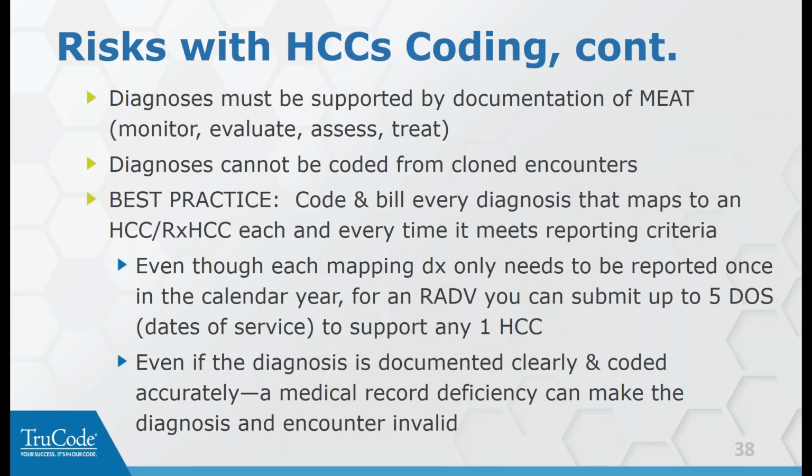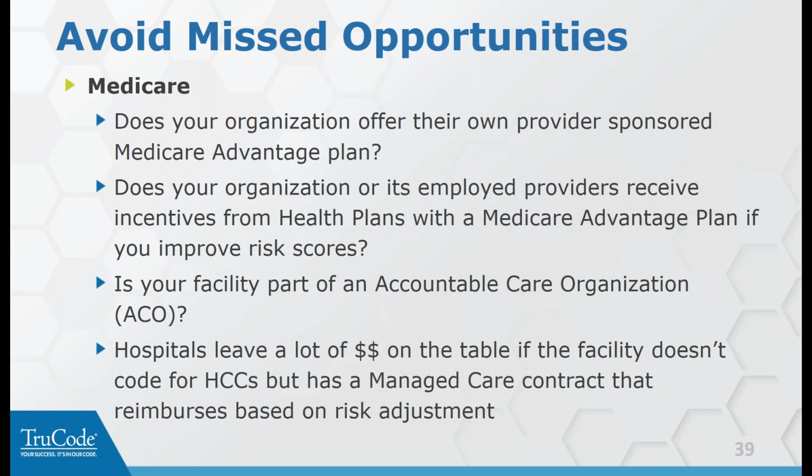I already talked about that for those audits, you can submit 5 dates of service to support any one HCC that you code and submit. And again, if the diagnosis is documented and accurately encoded, but it's documented in a record that has a medical record deficiency and doesn't meet the requirements that CMS requires, you can't count it. And I already talked about that earlier.